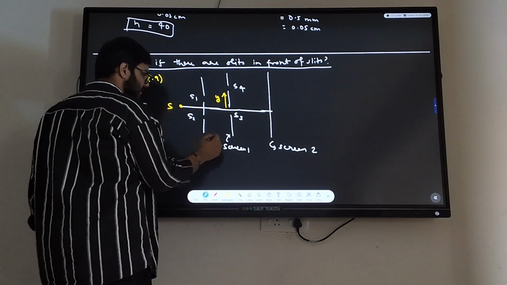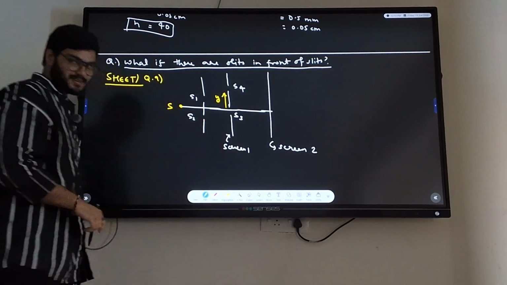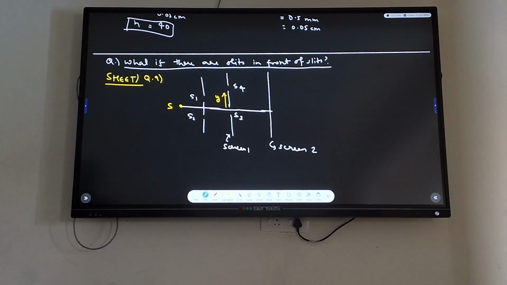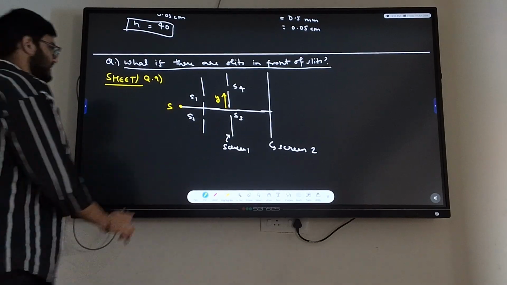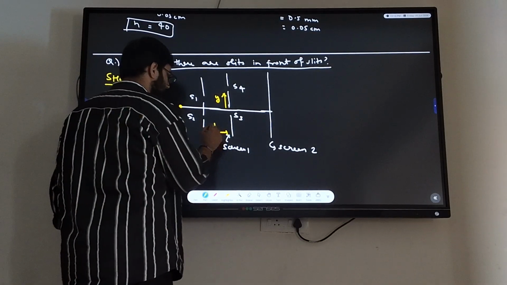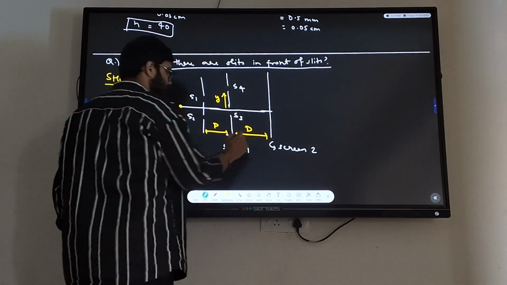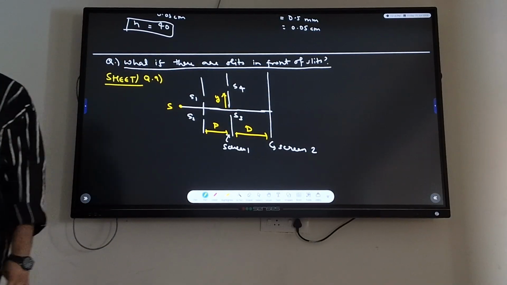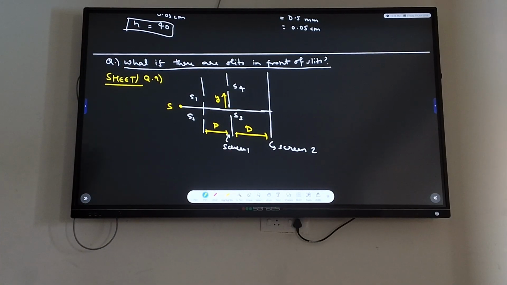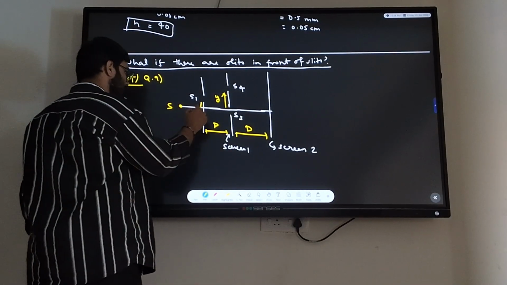The center line passes through S3. Both of these distances are given to be capital D and capital D, and this is given to be small d.